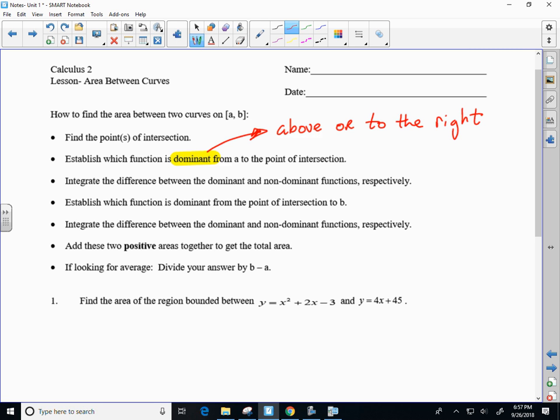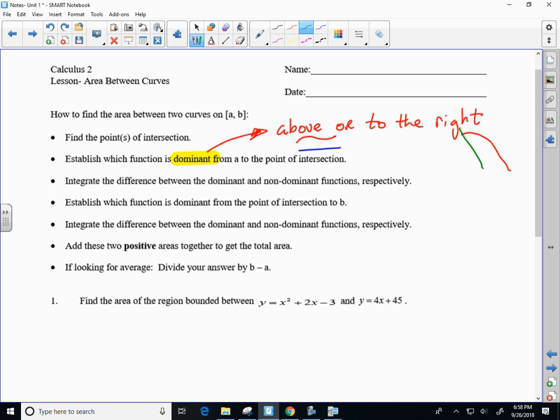So if one graph is physically above another, or if you're looking at something that is implicit, kind of like what we just did, it would have to be something like on an interval, and then you'd have another graph that's to the right of it.